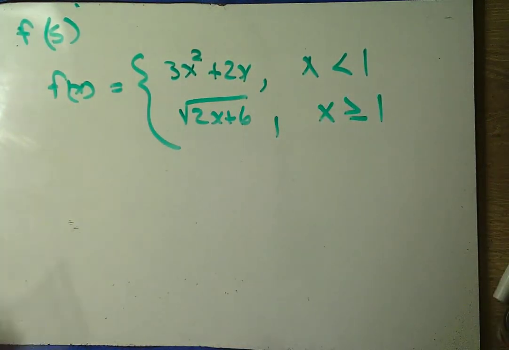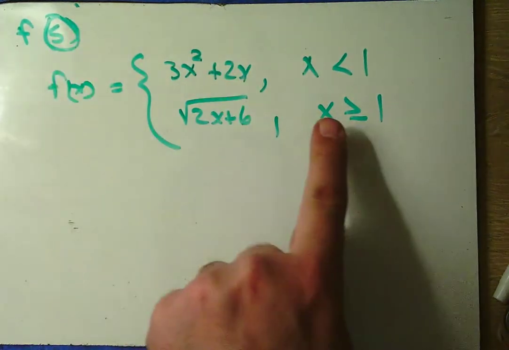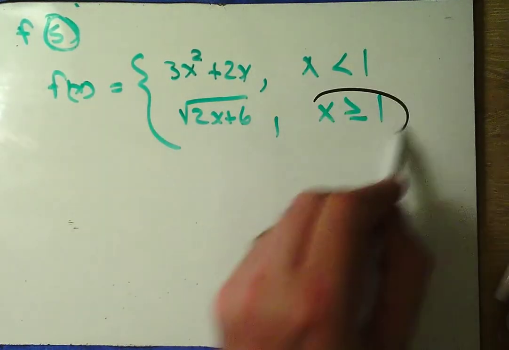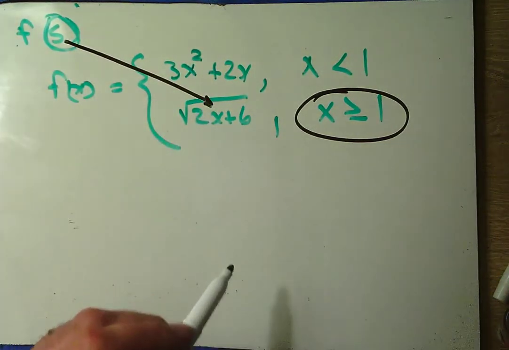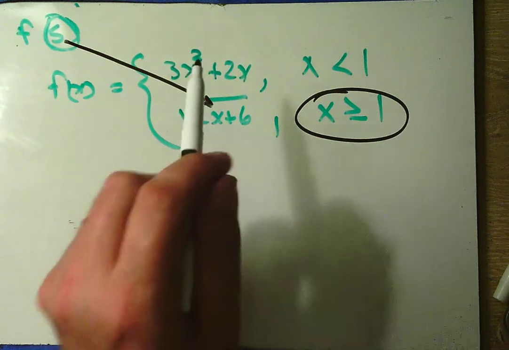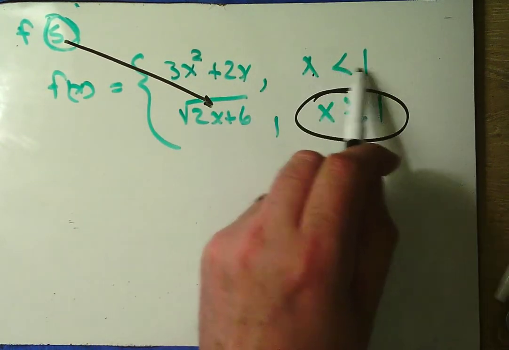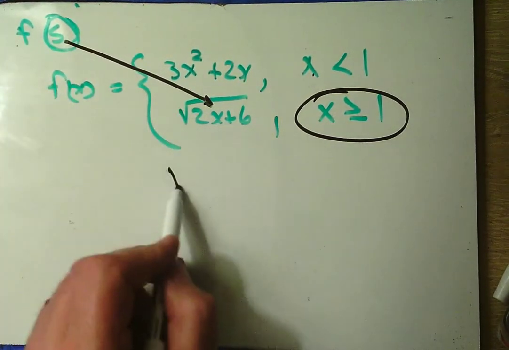All right, well, where does f of 5 live? Is 5 an x value that's less than 1, or is it greater than or equal to 1? 5 is greater than or equal to 1, so I'm going to take this 5 and only plug it in here. I do not plug the 5 in here, because 5 is not less than 1.